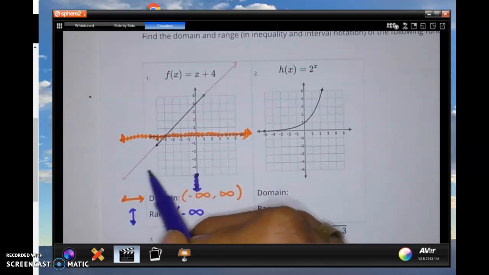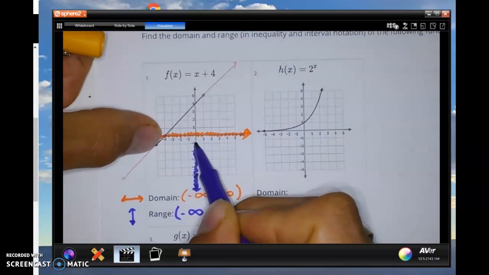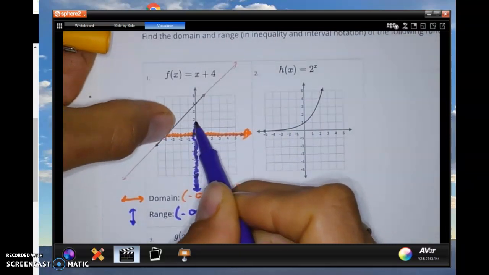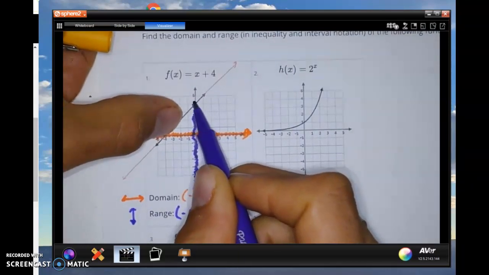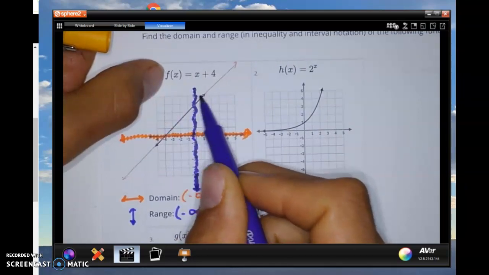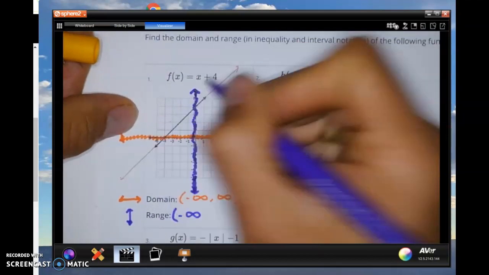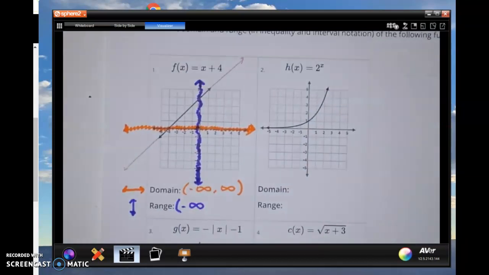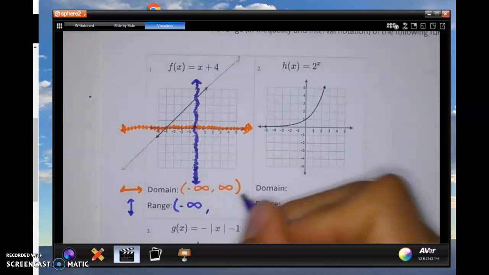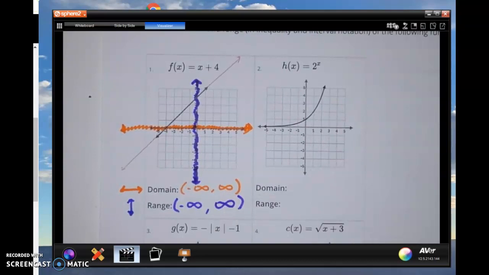Notice we have the graph over here. We keep going. The graph keeps going past 5 because the arrow keeps taking us up. And this takes us up to positive infinity again. So our range in this case is from negative infinity to positive infinity.